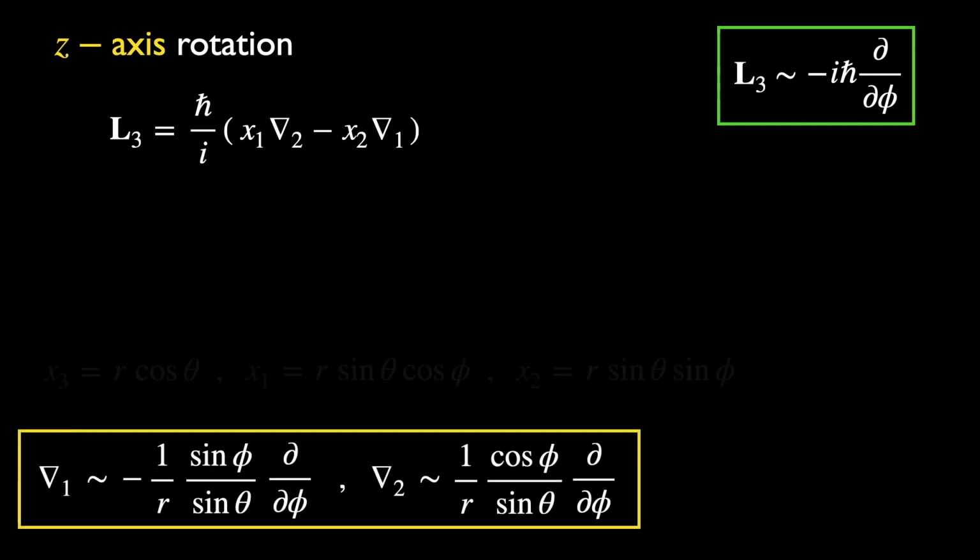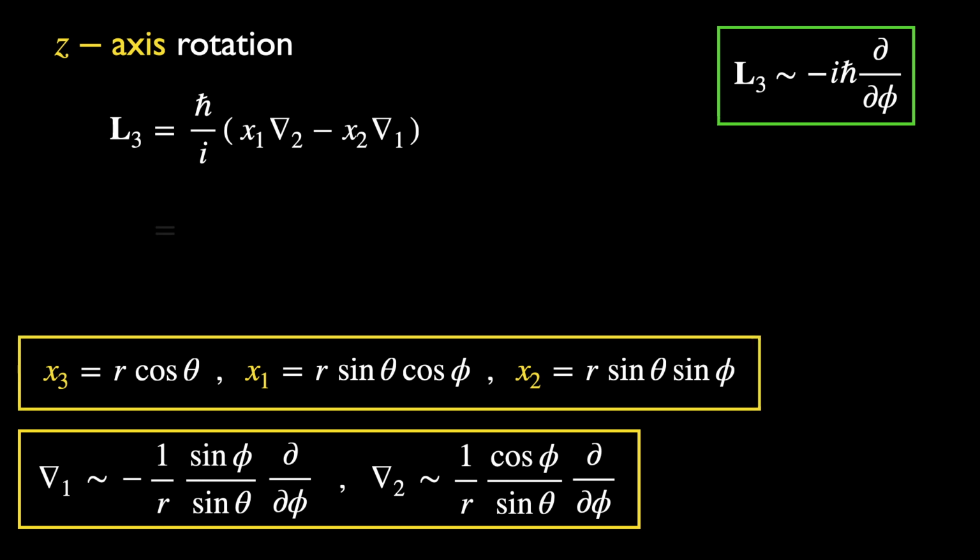Let's plug all these back into the expression above. Notice that the terms r sin theta cancel in the product between x1 and del 2. A similar cancellation occurs for x2 and del 1. Therefore, we shall ignore r sin theta.